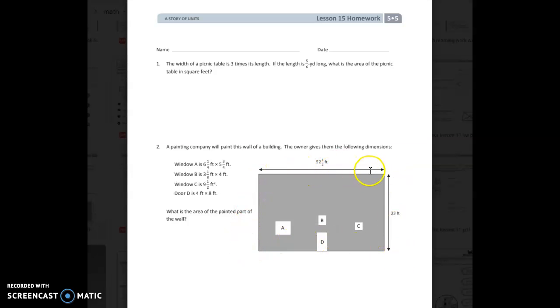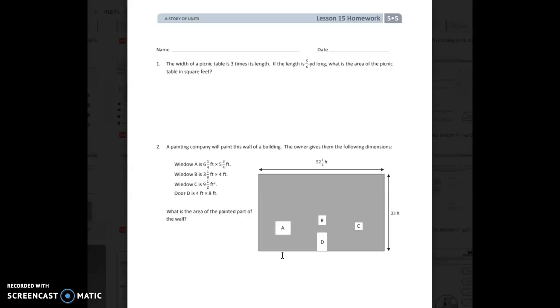This has the dimensions of the length and the width, technically the height, but we're just finding length times width. We find that answer, and then we either add, subtract, multiply, or divide the answers for these from the total answer of the wall. That's going to give us the area of the wall that they need to paint, giving us how much paint they're going to need.